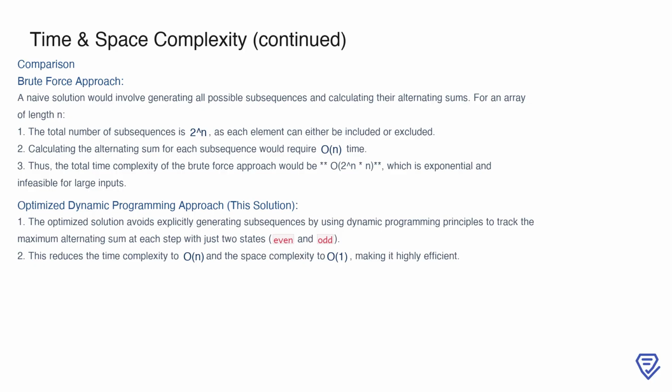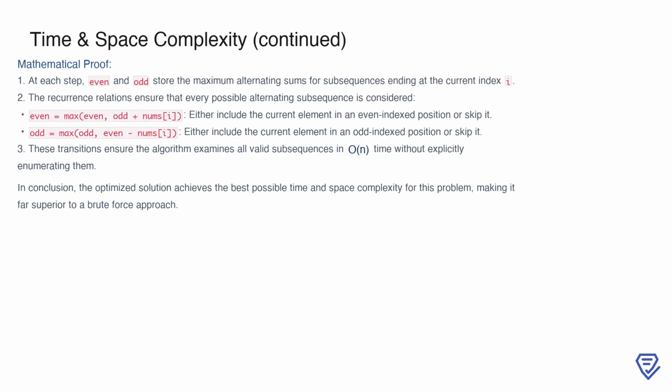The mathematical foundation of this solution lies in the way it updates the even and odd variables at each step. These variables represent the maximum alternating sums for subsequences ending at the current index. The recurrence relations ensure that all valid subsequences are implicitly considered. Specifically, even is updated as the maximum of its previous value or the sum of odd and the current element, representing the decision to either skip or include the element in an even indexed position.